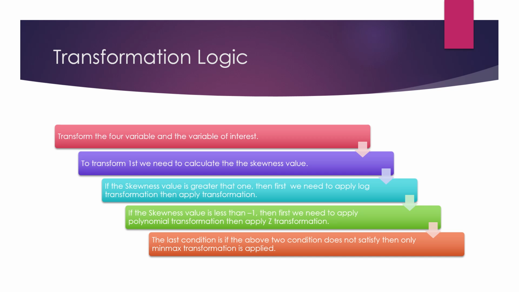If the skewness value is greater than 1, then I applied log transformation and then Z transformation. If the skewness value is less than -1, then I applied polynomial transformation and then Z transformation. And my last condition is that if the above two conditions are not satisfied, then I applied only min max transformation. So this is my transformation logic in my code.